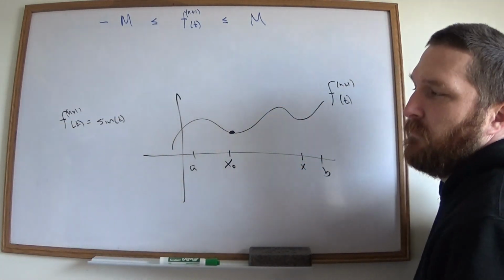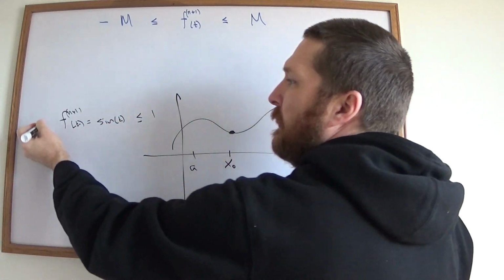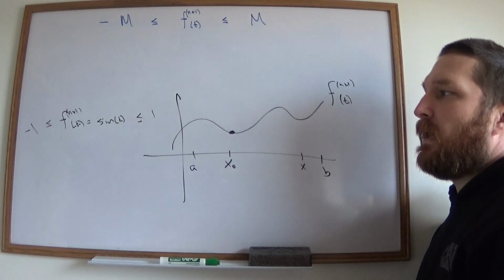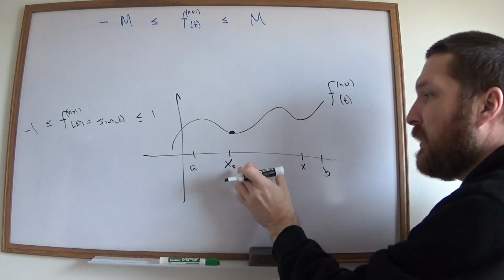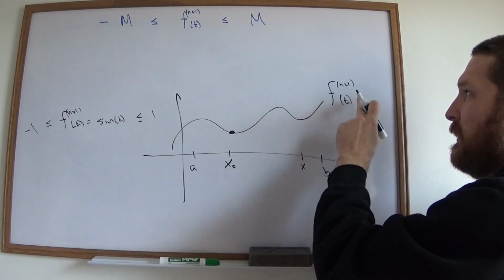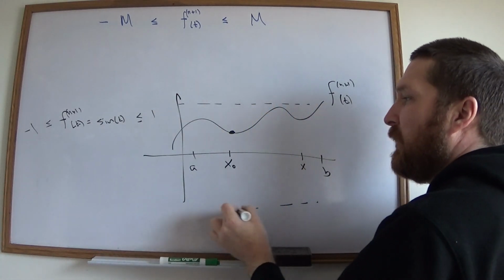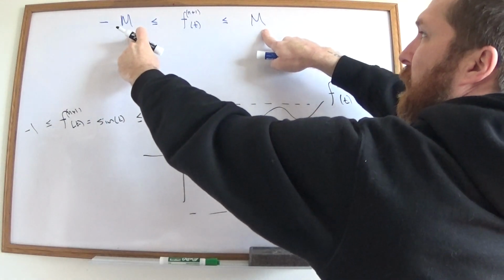We could say sine t is bounded above by 1 and bounded below by -1. And that's true no matter where you are, right? So we could plug in a 1 and a -1 right there.